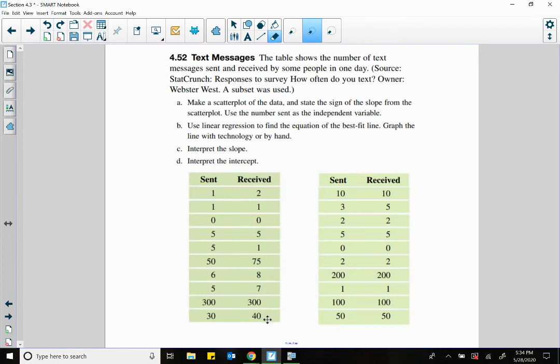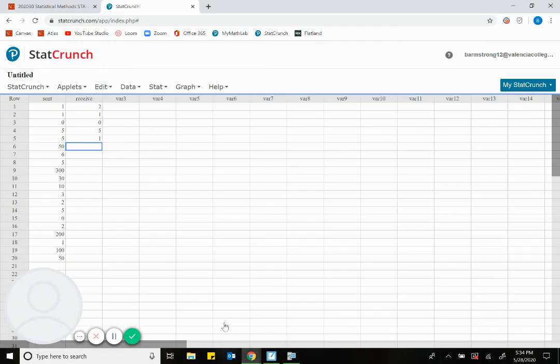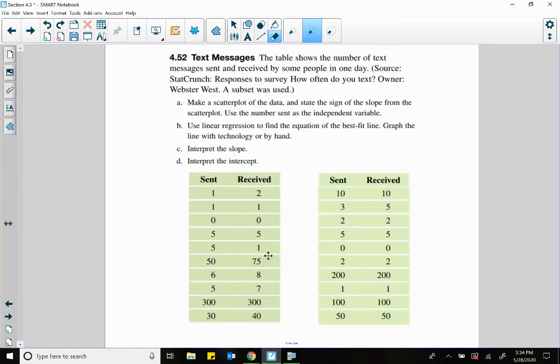7587, 340. Okay. Yes. And then over here, the one that changed was the 3 and everybody else matched.